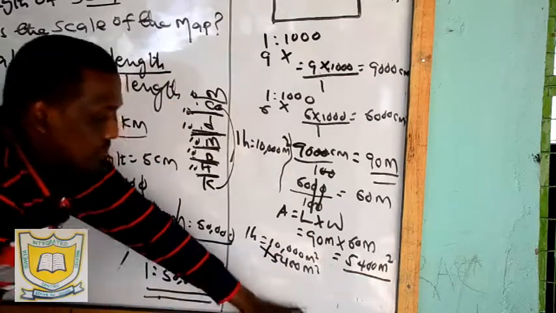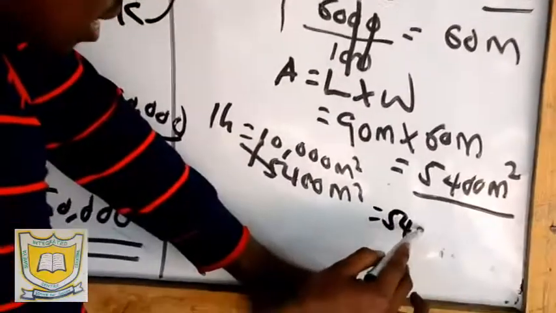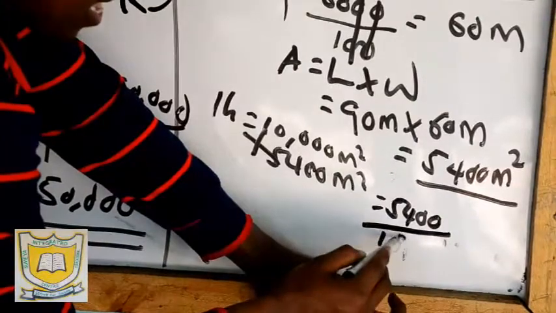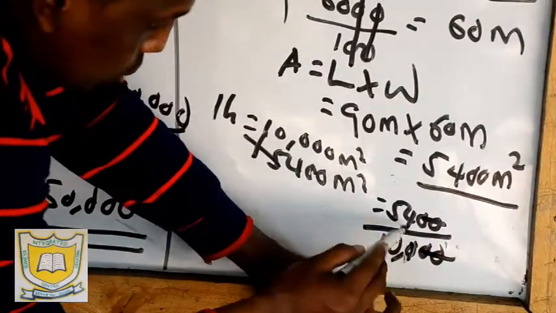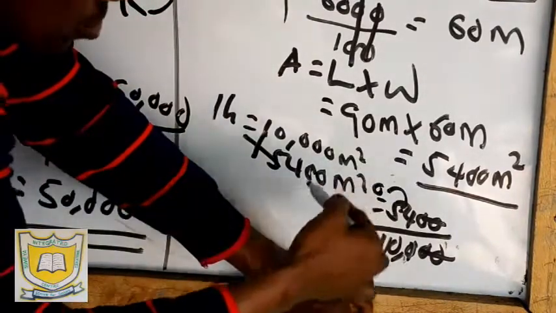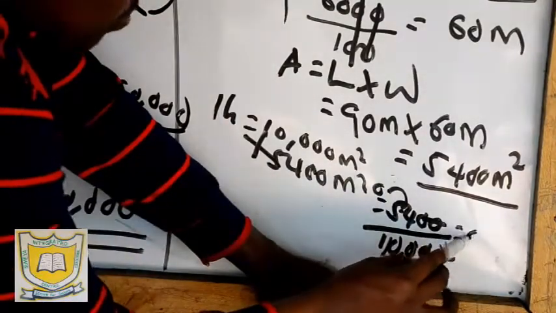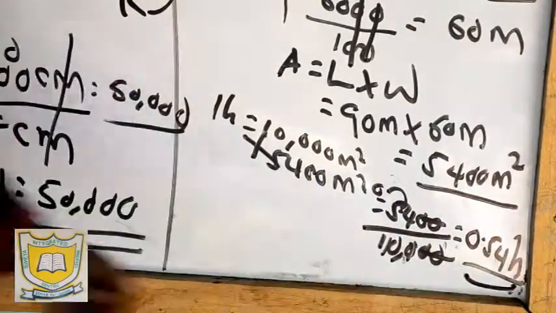Cross multiply, so you divide: 5,400 divided by 10,000. Cancel, cancel, cancel. The point will move one step to this side. So our answer here is 0.54 hectares. That is how we get it.